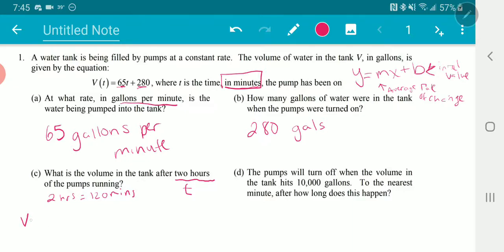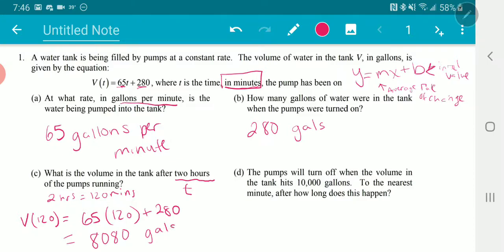So V of 120 equals 65 times that 120 plus 280. And then when I plug that into my calculator, I end up getting 8,080. And this is my volume, so that would be in gallons.